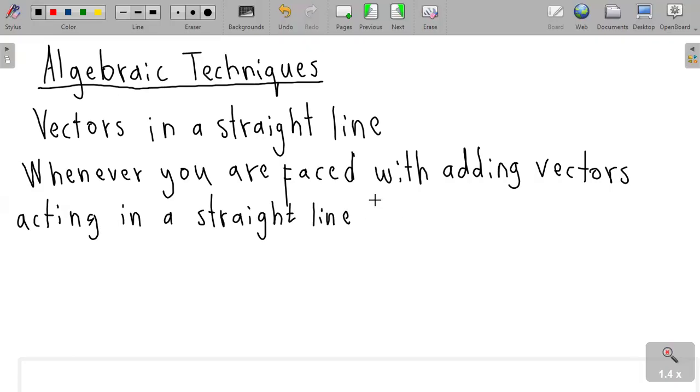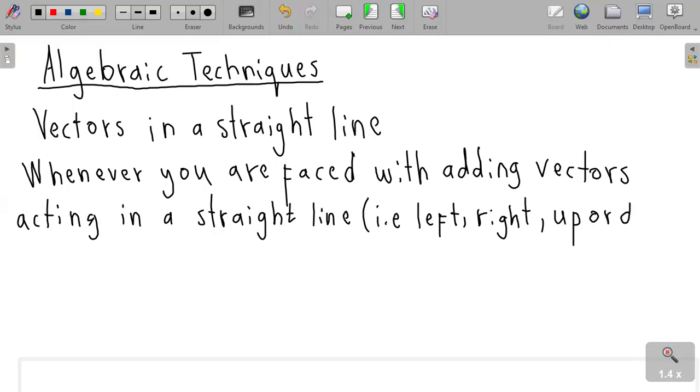So in a straight line we mean left, right, up or down.